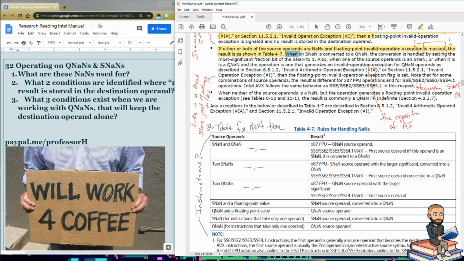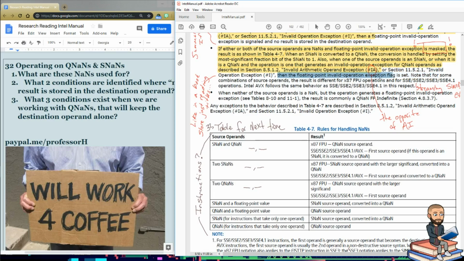Well, when an SNaN is converted to a QNaN, the conversion is handled by setting the most significant fraction bit. There's that term again. So you're going to set the most significant fraction bit of the SNaN to 1. Also, when one of the source operands is an SNaN or a QNaN, and the operation is one that generates an invalid operation exception for QNaN operands as described in that section we talked about before, and I make a little joke here, the opposite of AI is an invalid arithmetic, well, then the floating point invalid operation exception flag is set.